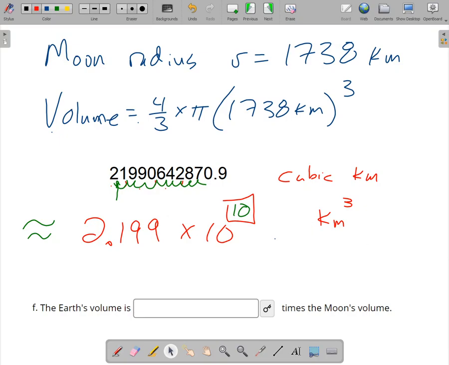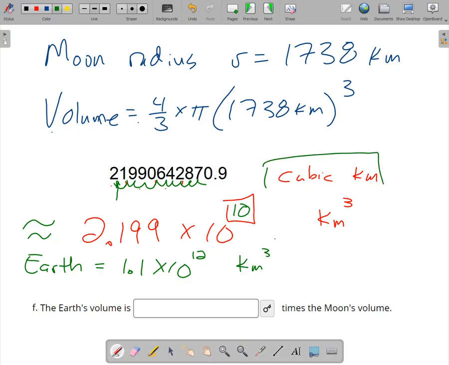We know the moon's volume right there in red. The Earth's volume I'll put here in green. It was given as about 1.1 times 10 to the 12th, and again in cubic kilometers. So if it says km cubed, read it as cubic kilometers. This is the way to write it. Okay, so let me see.